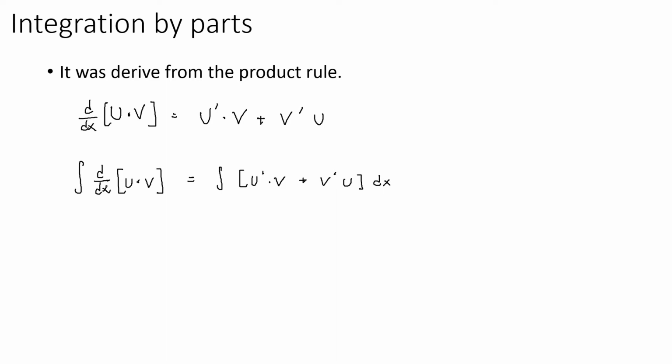So integral and the derivative will eliminate each other. So we're left with u times v. Now we're going to look at these two different equations. We're going to look at it as integral of u prime times v dx plus integral of v prime times u dx.